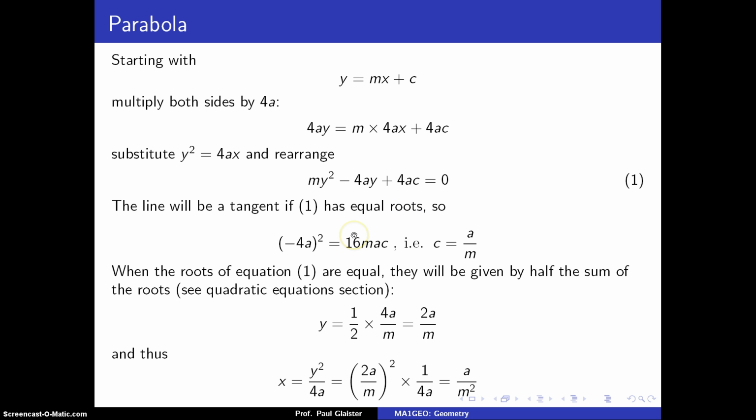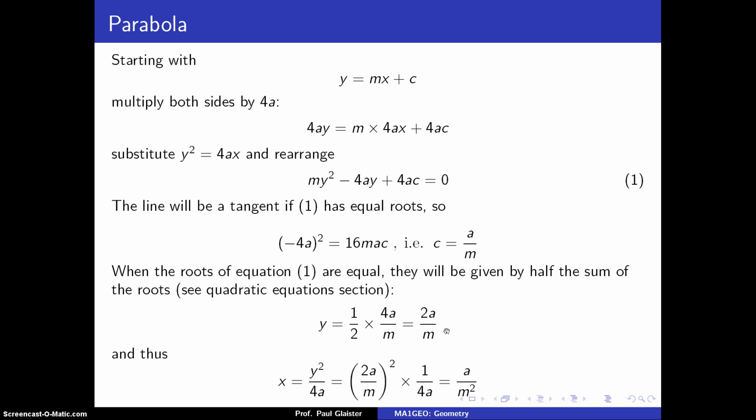If we work out what that expression is, which is here, and then simplify it, we get that y equals mx plus c is a tangent to the parabola, provided the intercept c is a divided by m, a divided by the gradient of the straight line. We can then work out the y coordinate of that point, and that's easy to do. If we use the formula for the roots of this quadratic, in the case where c is a over m, we determine that y equals 2a over m.